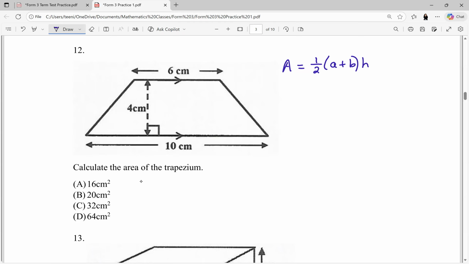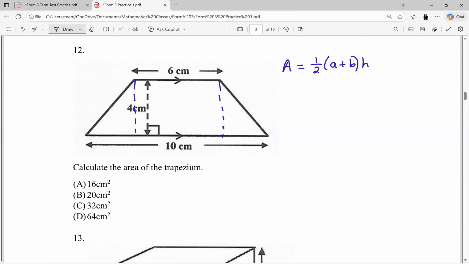So in the event that you get the formula, you could just substitute the values into the formula, or you can use the fact that this trapezium in particular is made up of 2 triangles and 1 rectangle.